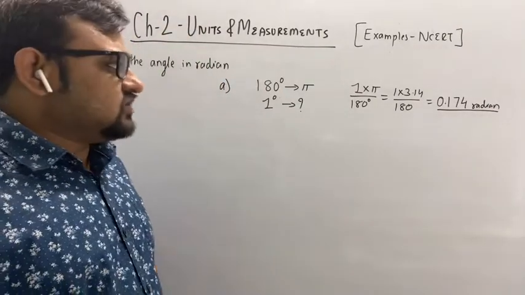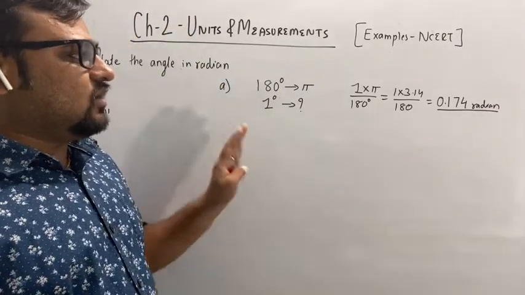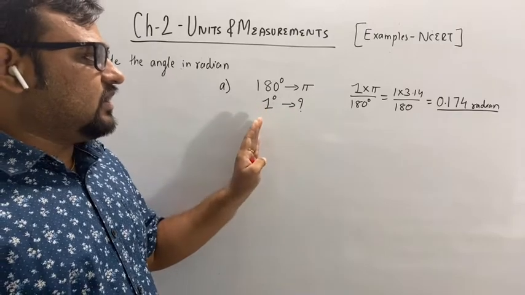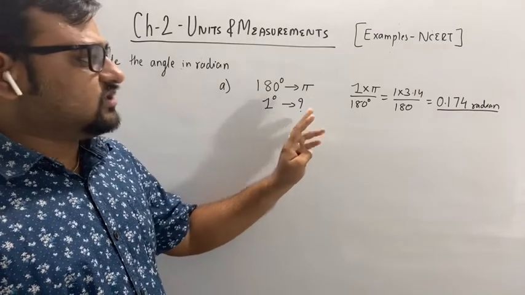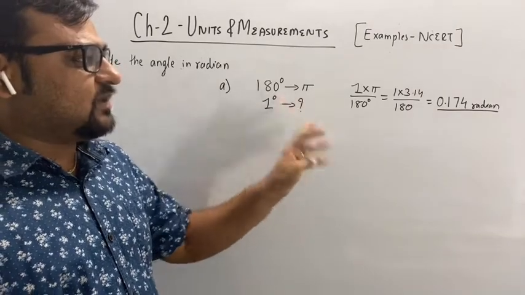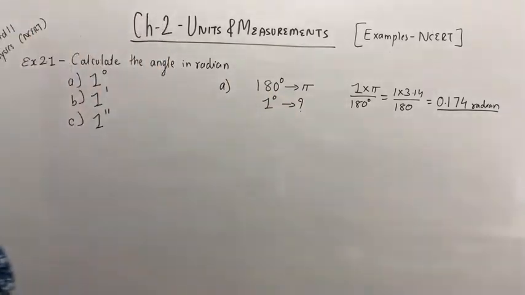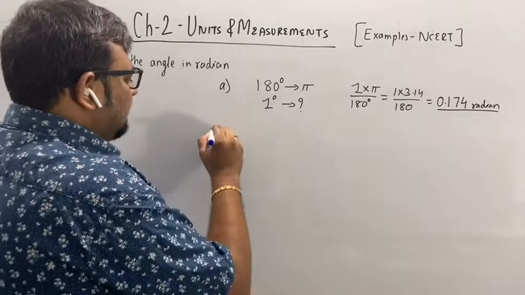Clear? It's very simple. 180 degree is pi, 1 degree, how much? It's 1 into pi upon 180 by cross multiplication. So 1 into 3.14 divided by 180 is equal to 0.174 radian.